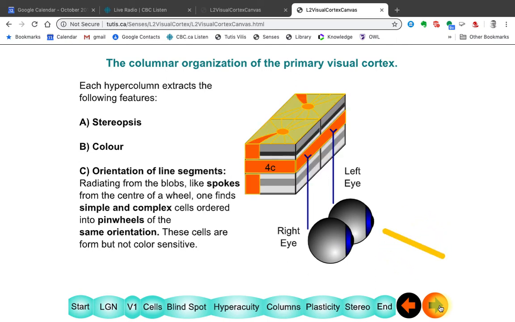And around the next wedge, you have simple cells that have a slightly different orientation. Okay, it's kind of an amazing little structure, these columns. They can do so much. Stereo, color, and depth.